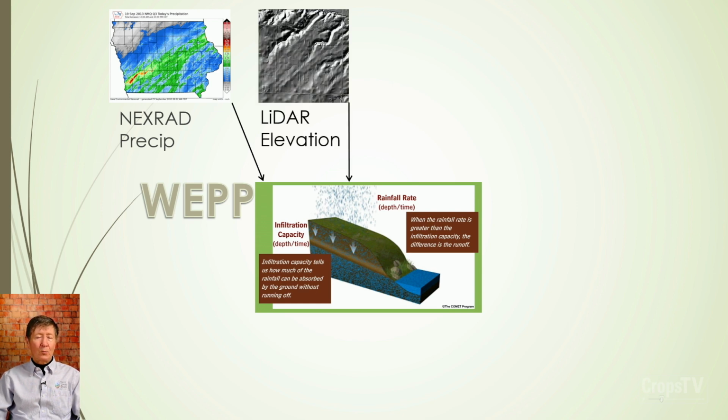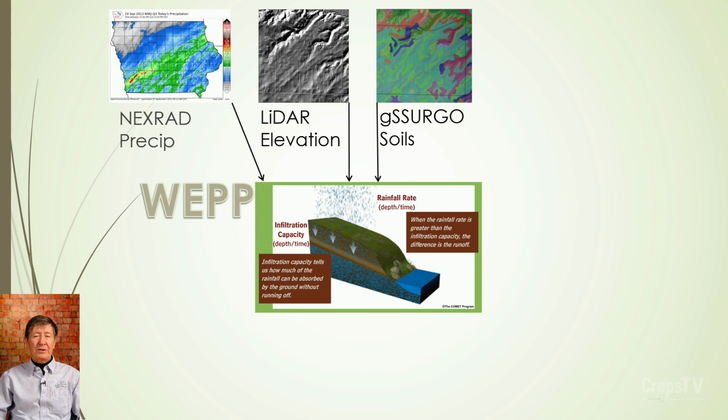We use LIDAR, which is the most accurate, publicly available surface elevation model that we can get. We have an elevation measurement every 2 meters or 3 meters, depending upon which version of the Daily Erosion Project we're using. We use gSSURGO, which is an electronic soils database. For every 10 square meters, we have a soils estimate.